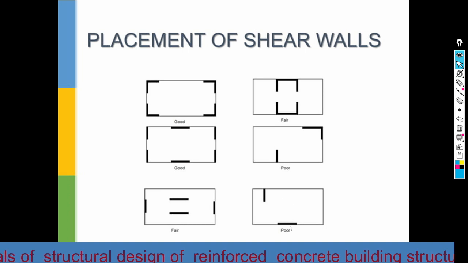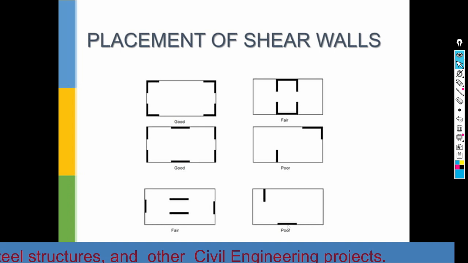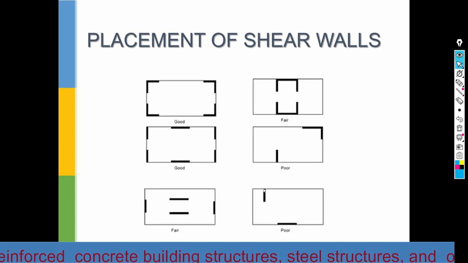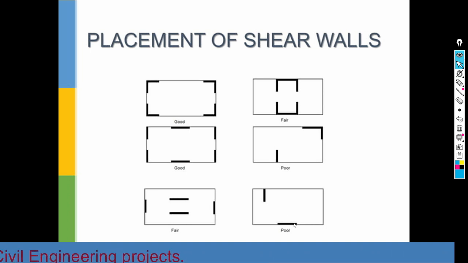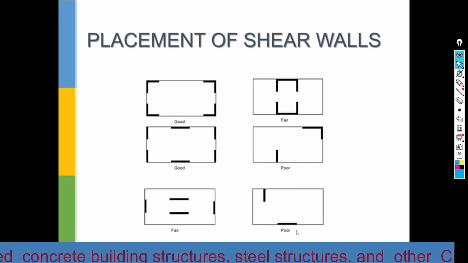And when we come to here also, this shear wall is located in this direction, and this one is located in this direction. So it is preferable to rotate this shear wall into this direction.